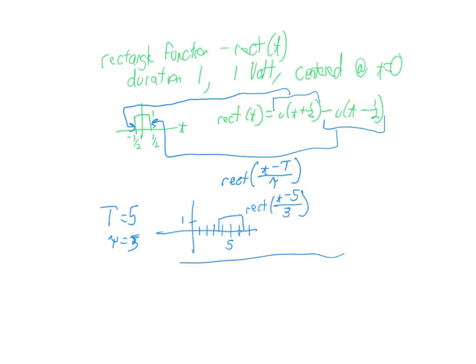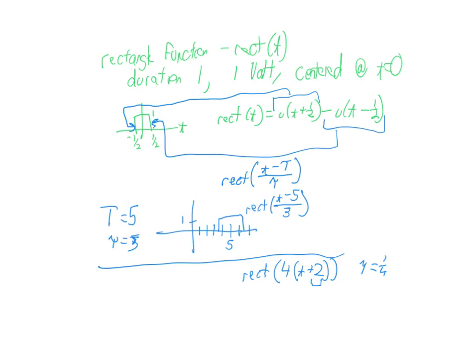What about if I say I have a rectangle at, let's do t plus 2, but instead of dividing by a number, let's multiply by a number. So now I can think of this as the denominator tau is 1/4. So I've shortened the duration to 1/4, I've sped up the function, and I have a transition at time is -2.